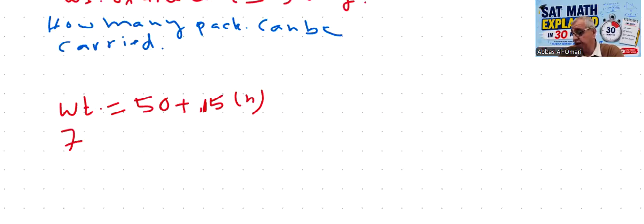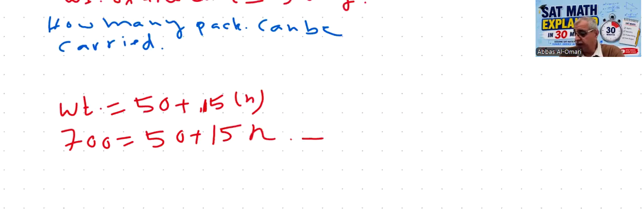So 700 equals 50 plus 15 n. This is an equation with one unknown. It's easy to solve. We add minus 50 to both sides of the equation, so we will have 650 equals 15 n.